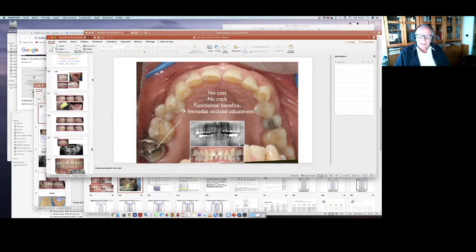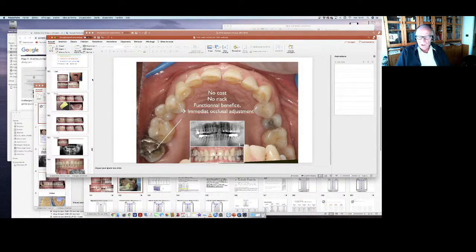It's not an easy case. Sometimes, I will show you Saturday the possibility of treatment in anteposition, in a protrusive position.